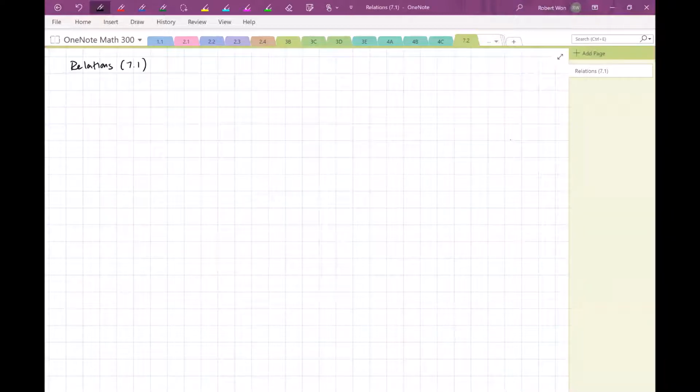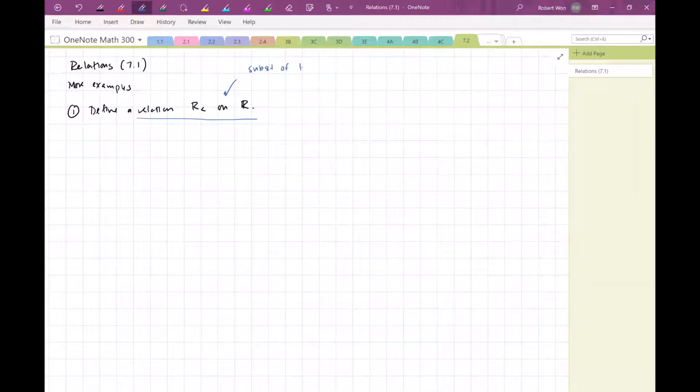Okay, so to start off today, I want to give some more very natural examples of relations. So let's define a relation, which I'll call R sub less than, and this is going to be defined on R. To say that you have a relation on R means I'm going to take a subset of the Cartesian product R cross R. I'm going to take a bunch of pairs of real numbers.